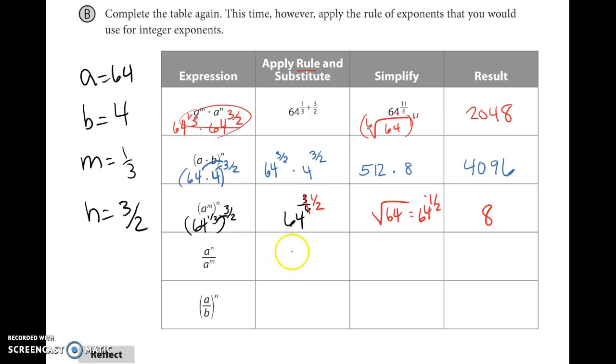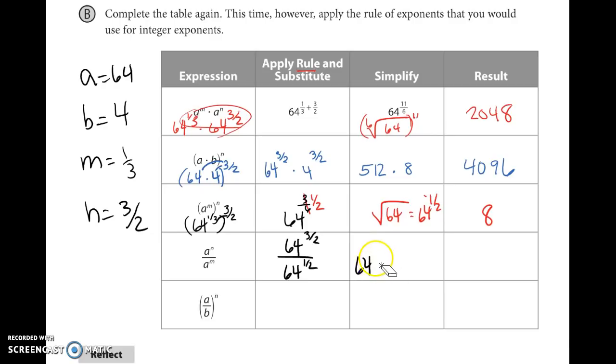For this one, we have A, which is 64, to the power of N, which is 3/2, and then 64 to the power of 1/2. And I would subtract those exponents. So I would get 64 3/2 minus 1/2 is, sorry about that.